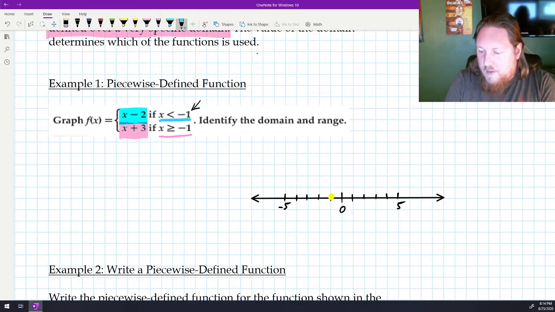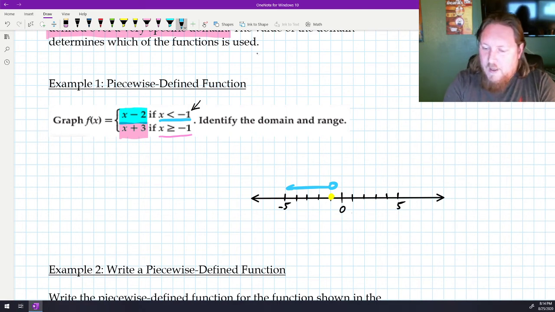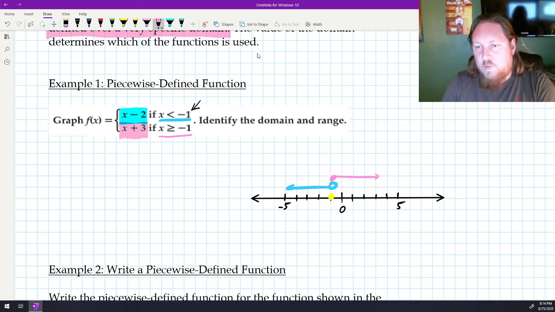Any x value that's to the left of negative 1, but not including it, is going to be part of the blue function, x minus 2. Anything to the right of negative 1, including negative 1, is going to have the numbers to the right as the domain. So, what does that mean?